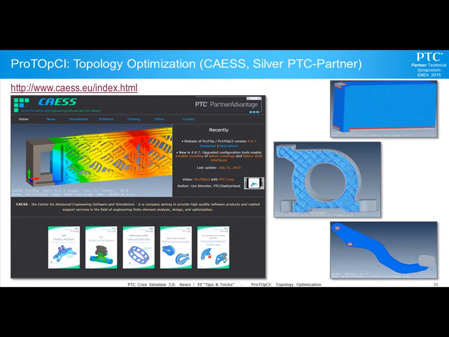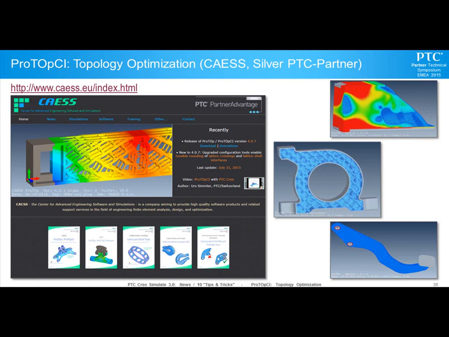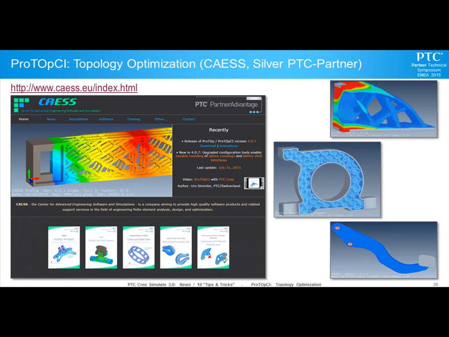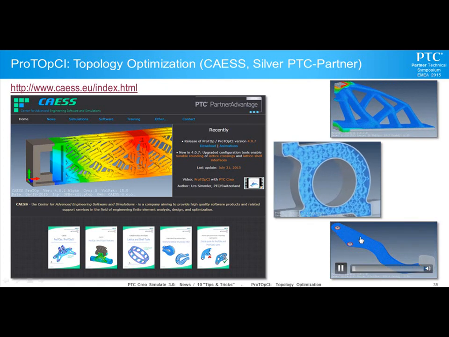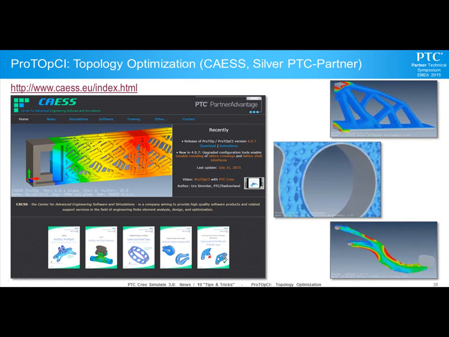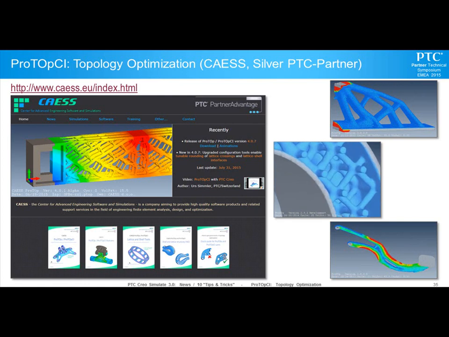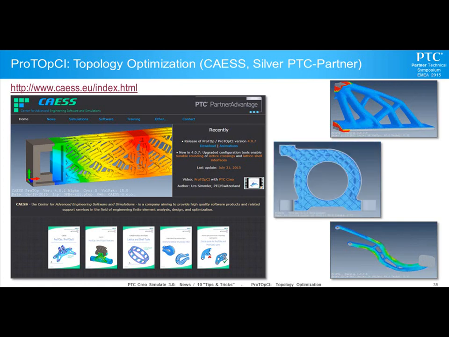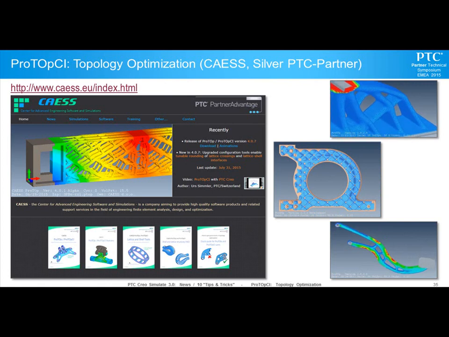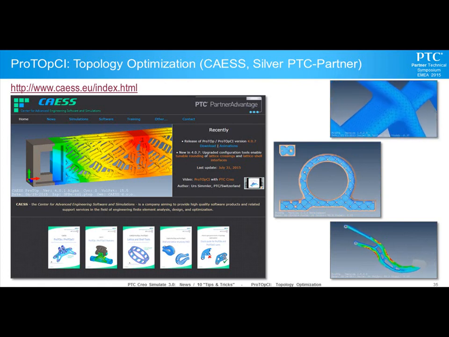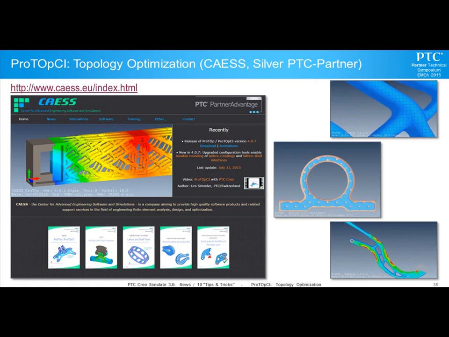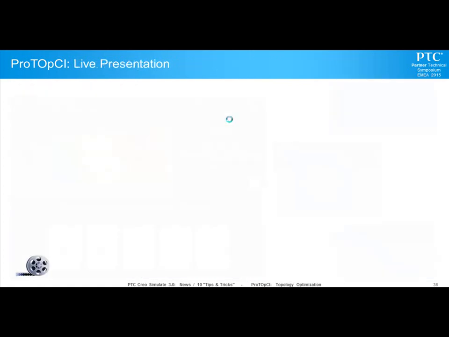ProTOpCI is also taking care of these lattices, as we can see here in this nice animation. Or another example down there, we have a pedal, and we'd like to take out the material where it's not needed, and ProTOpCI is doing the job for us.